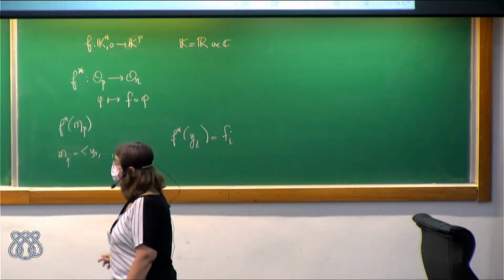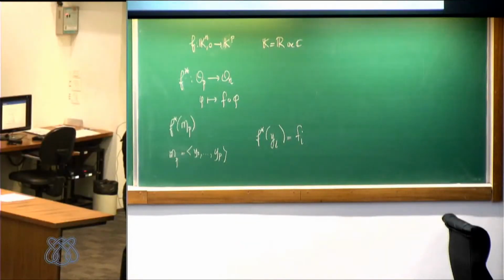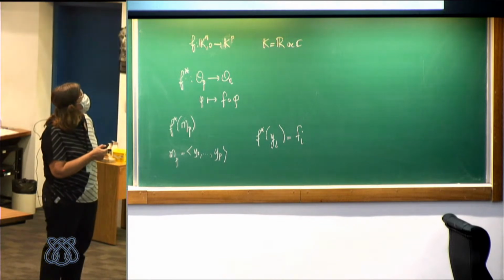So we can write this tangent space like this. For this notation, I mean the submodule of O_n^p generated by the partial derivatives of F. Here it's an O_n submodule, but here we take the coefficients in the maximal ideal.